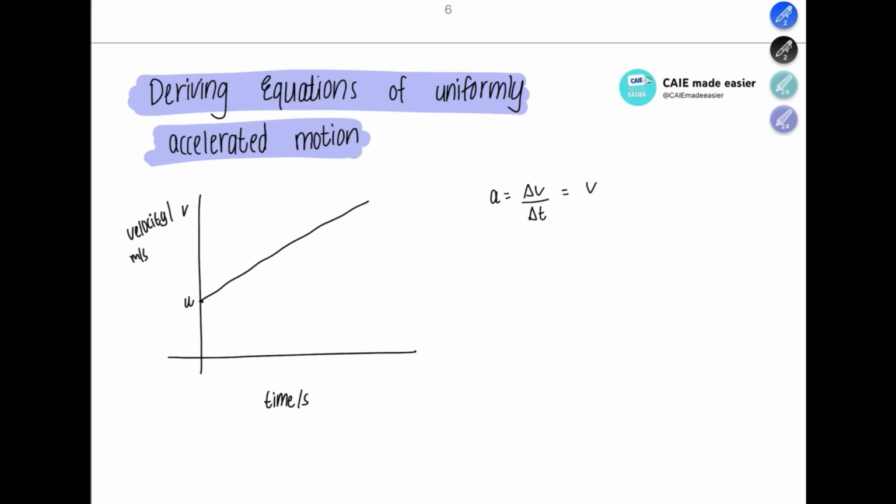This equals v minus u divided by t. So if we make v the subject, we can write this as at equals v minus u. At plus u equals v. If you just rearrange it, v equals u plus at, and this is your equation number 1. That's how the first equation is derived.